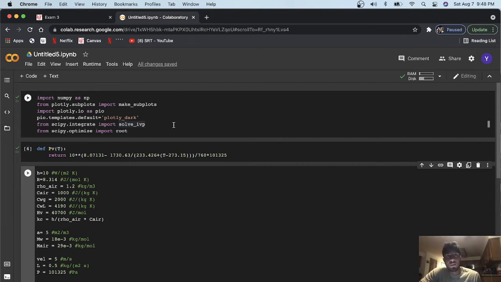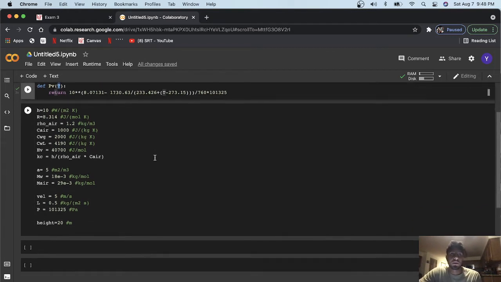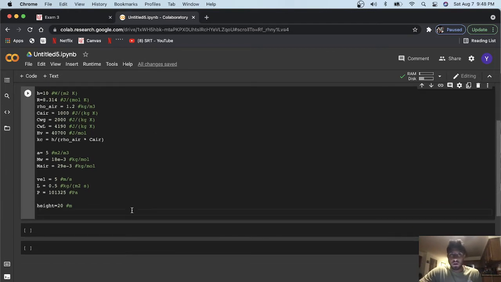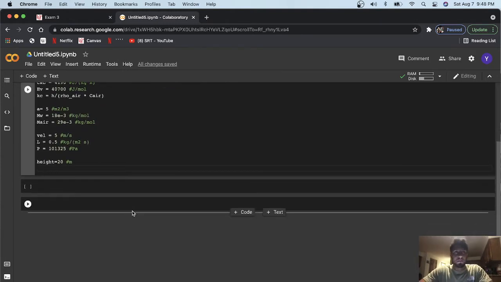And from the integrate module, we're going to solve some initial value problems and a root. Like I said, we made a function that will take the Antoine equation to find the pressure at any given temperature. Okay, so we're also going to add a few things and get started into the problem.